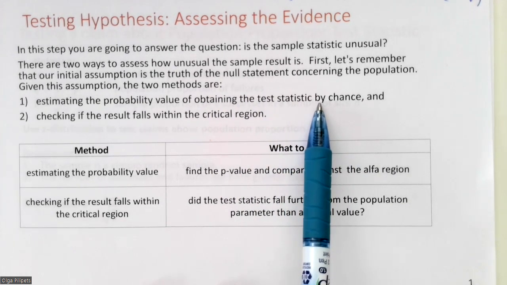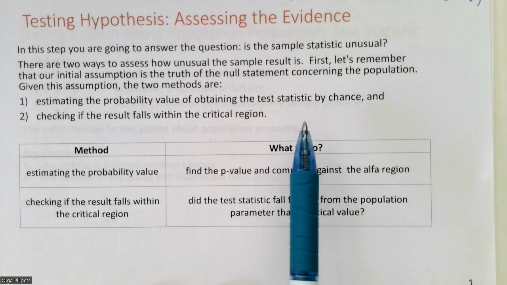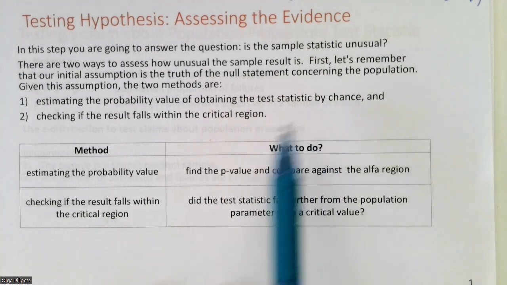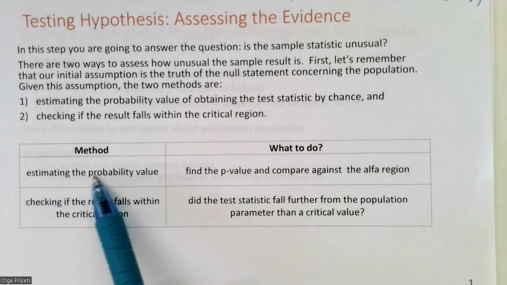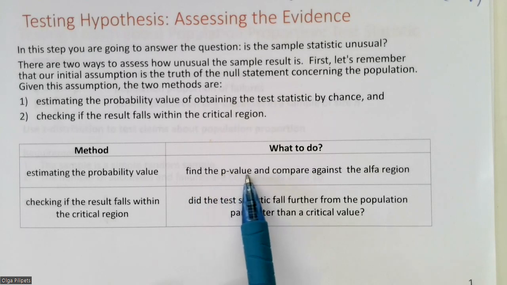Was there a high chance that we would get that, or is it a rare event? So we're going to assess that. The first method is looking at a probability value, which translates into finding the p-value.